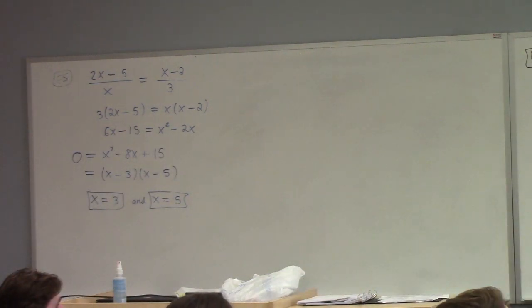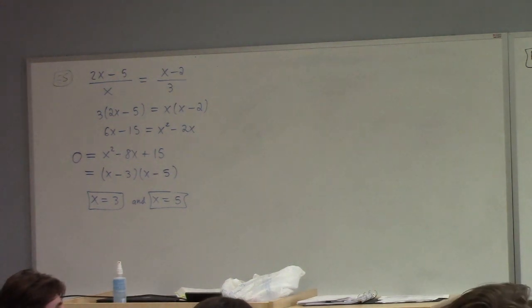So x equals 2 doesn't work. I got distracted. Yes, there's more to say here. This is extraneous because the original equation is undefined at the one place where the algebra works out.